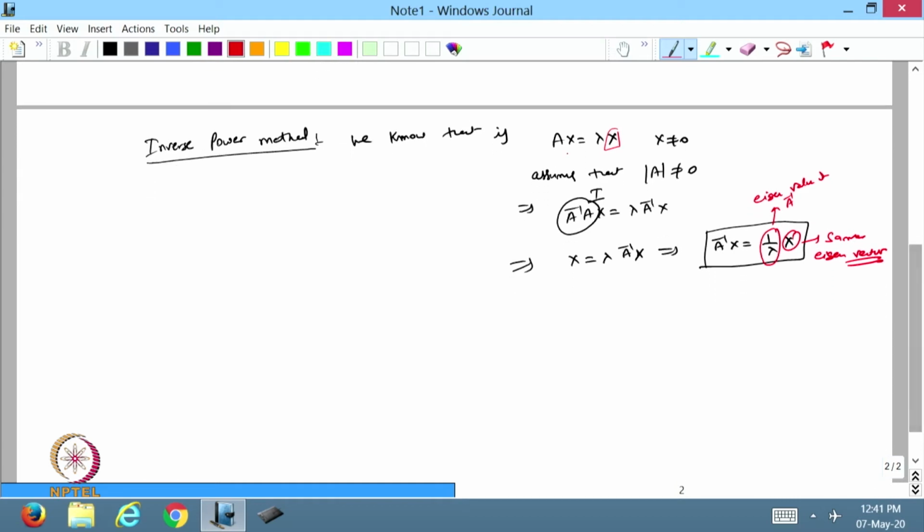Now, you know from the power method that using the power method we are able to find the dominant eigenvalue and eigenvector.